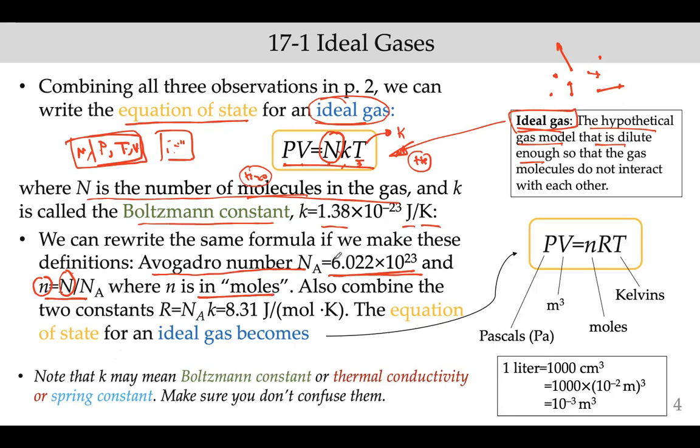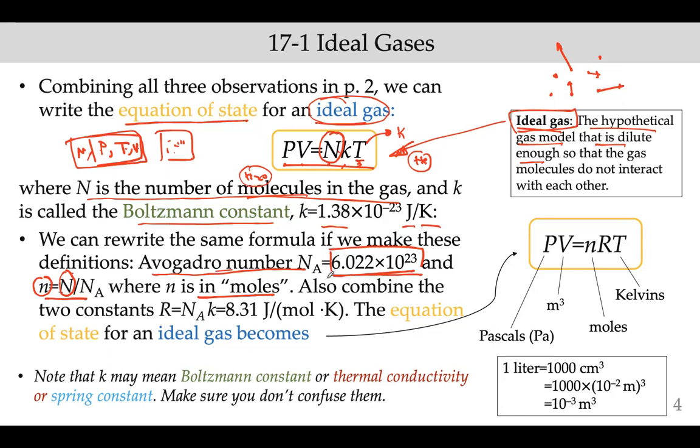So for example, let's say you have 6.022 times 10 to the 23rd particles in the container. Now, how many moles is it? Well, if you write this number here and divide it by Avogadro's number, which is the same number, then that would mean you have 1 mole of particles.